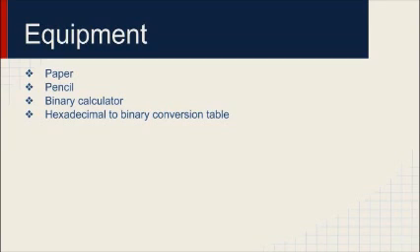Because of the binary computations, a binary calculator is needed to minimize errors, and also to convert hexadecimal to binary. The input data is in hexadecimal. A hexadecimal to binary conversion table will be helpful for converting the data more quickly. The output also needs to be in hexadecimal, which the table will be useful for.